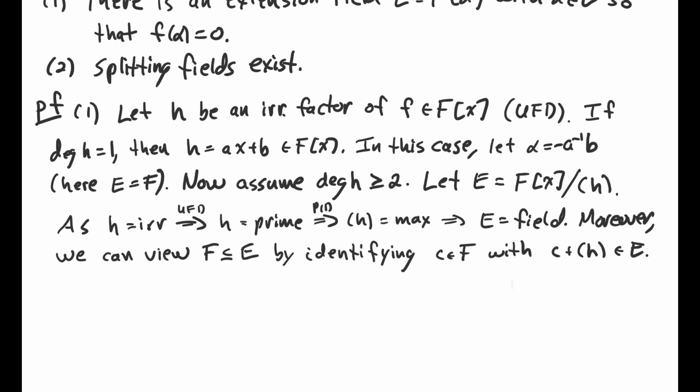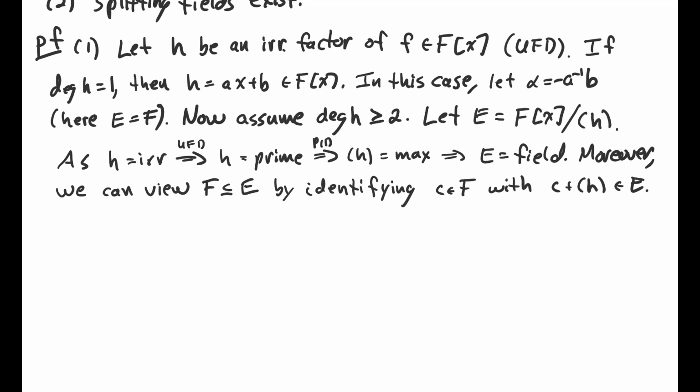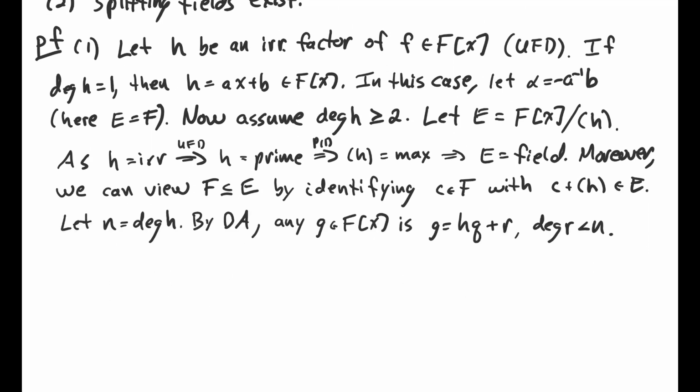All right, let's see what this gets us. So let's write n for the degree of h. By the division algorithm, any polynomial g in F[x], you can divide out by the h here. So you can write g as hq plus r, where the degree of r is strictly less than n.